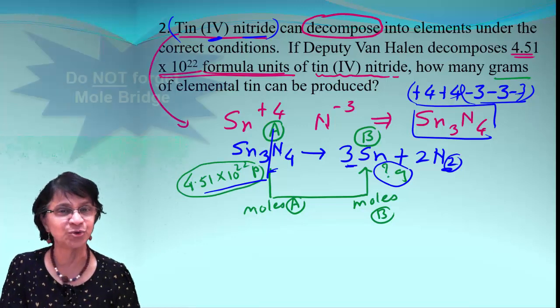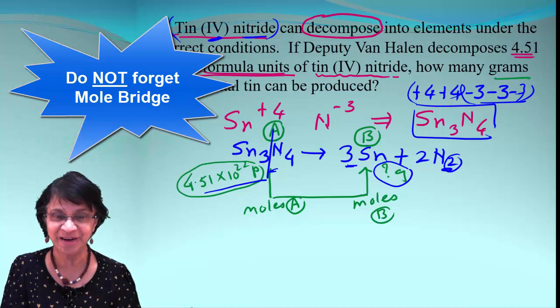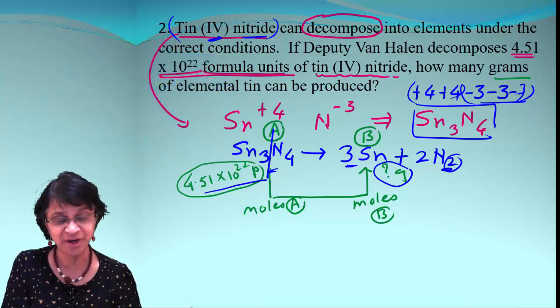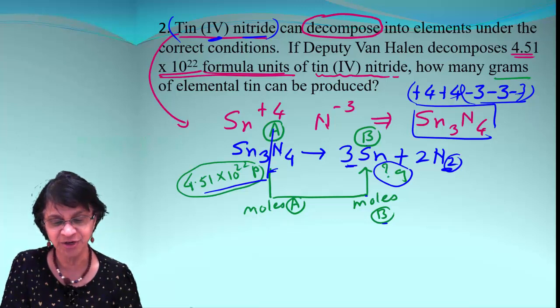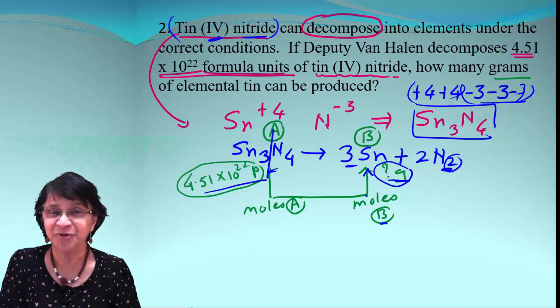You always have to go through moles. You cannot just jump across and go to a different variable. So we got here particles going to moles of A because we are still traveling in the area for A. Then we are going to take this bridge, and when you take the bridge, you come over here and you get to moles of B. And from moles of B, you can find out the variable which we need to figure out.